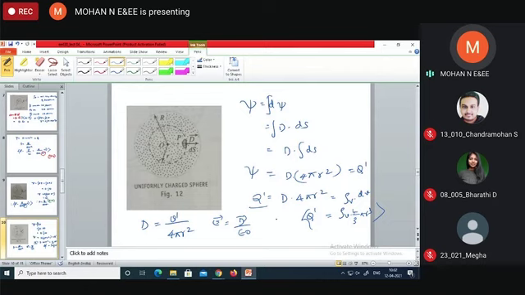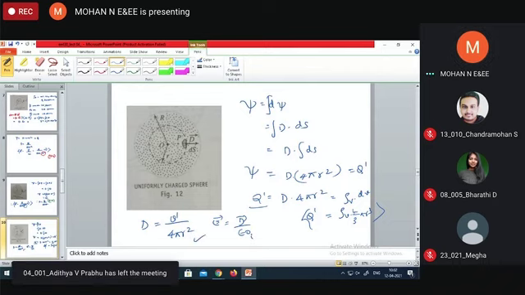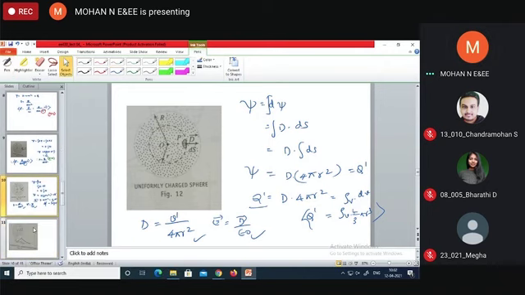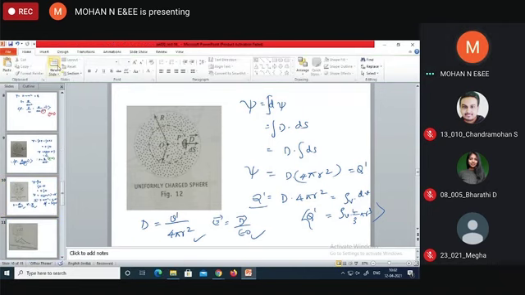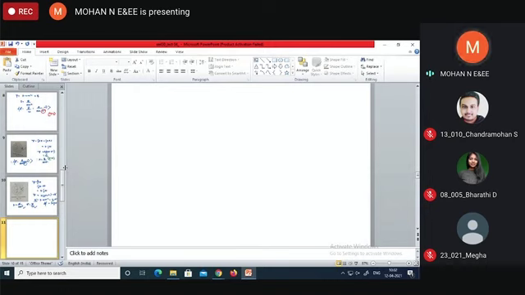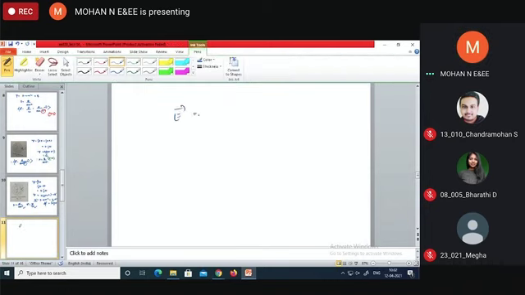If you use these two expressions, you will get a simplified expression. E vector is equal to D vector by epsilon naught. D vector we got to know as Q dash by 4 pi r square.